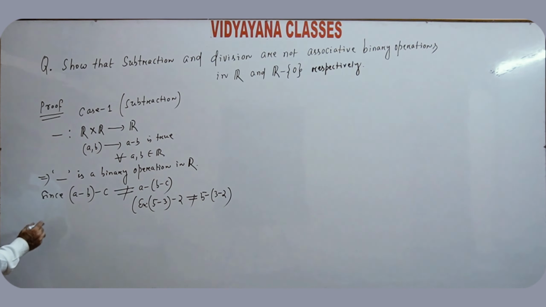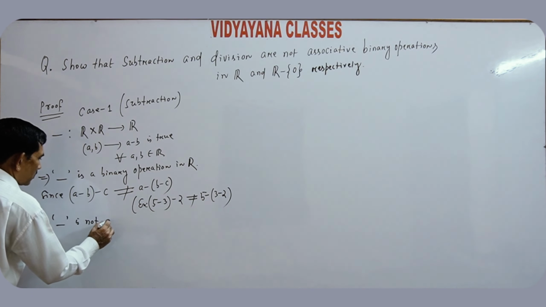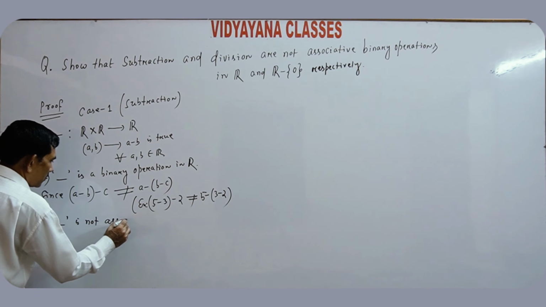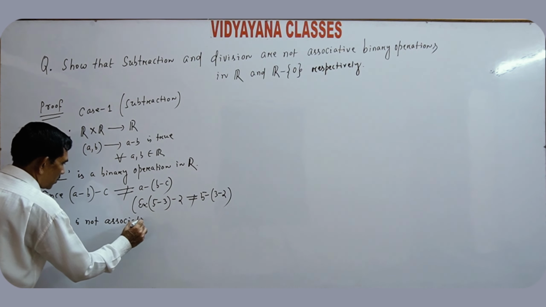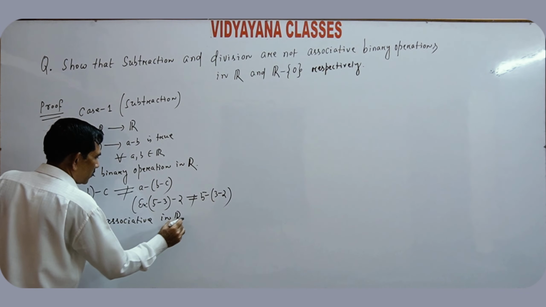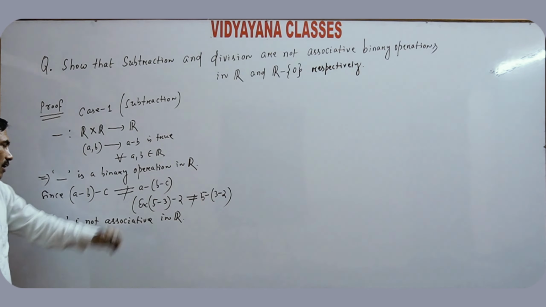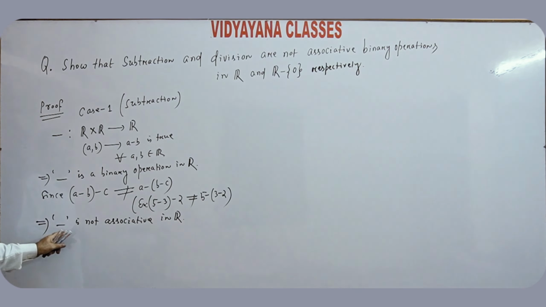This implies subtraction is not associative in the set of real numbers. Subtraction is a binary operation in R, but subtraction is not associative in R.